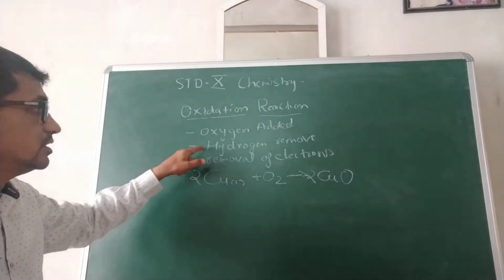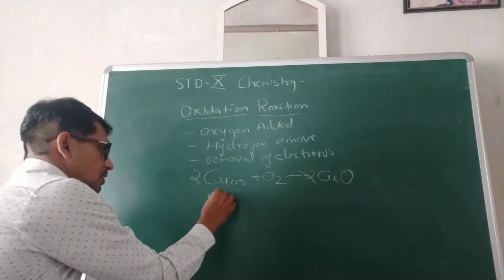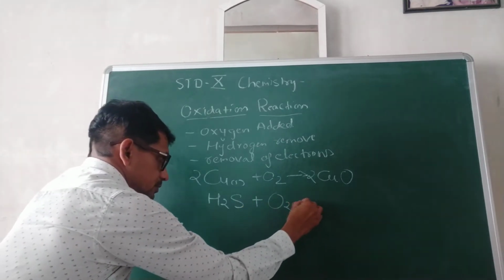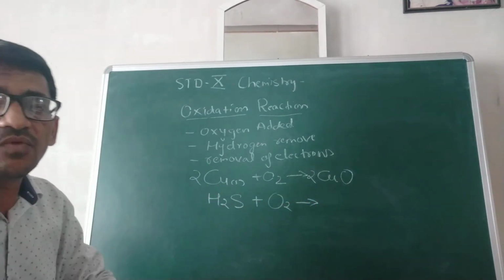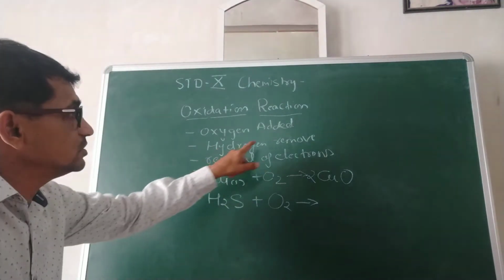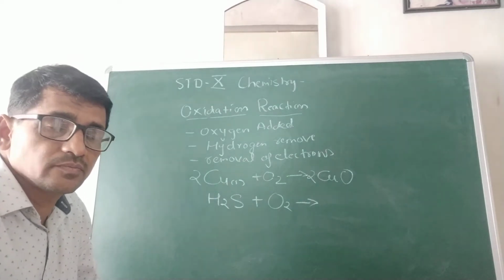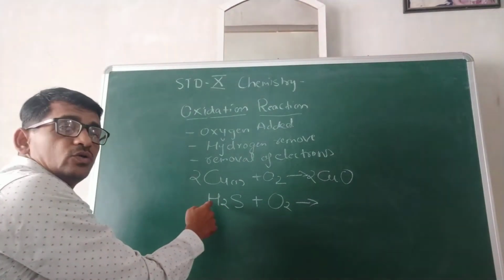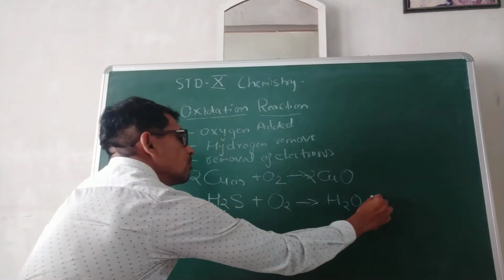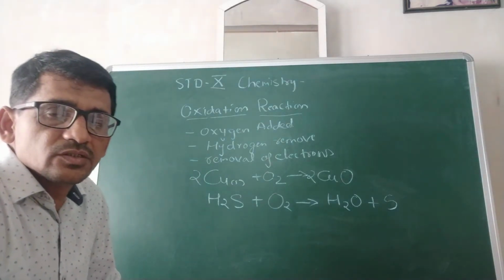Second is hydrogen. H2S plus O2. Hydrogen sulfide reacts with oxygen. The second definition is what? Hydrogen is removed from a particular compound. So here we remove hydrogen from H2S, and it is converted into H2O plus sulfur.